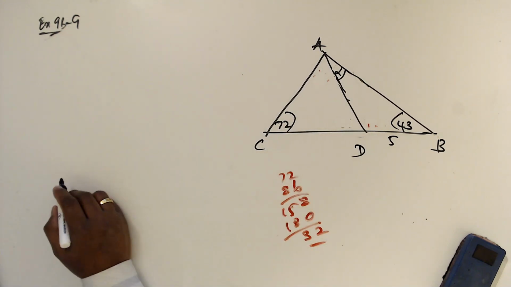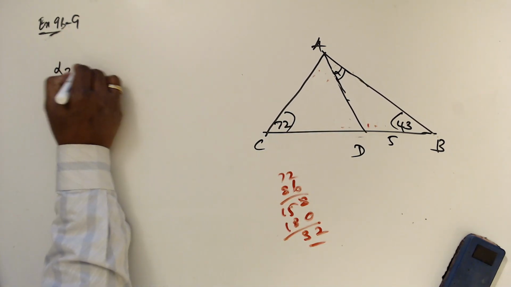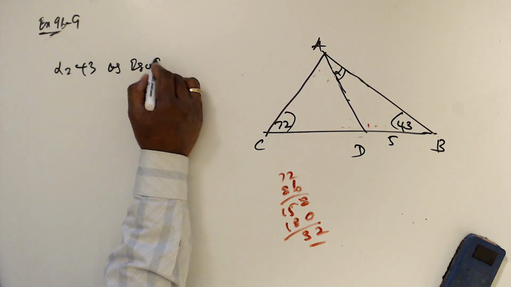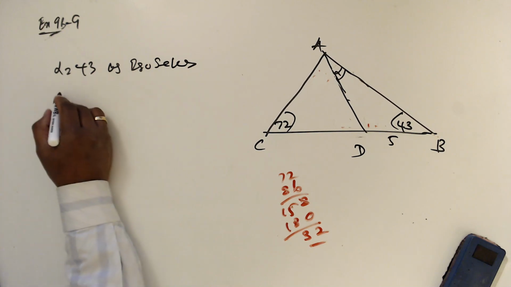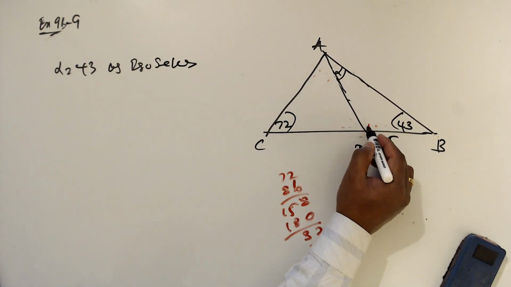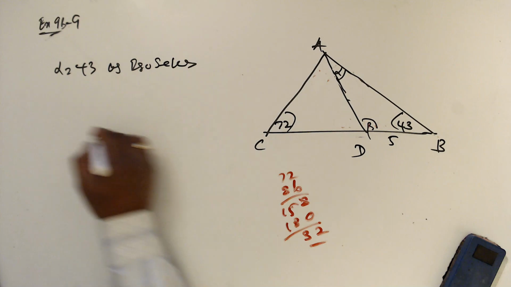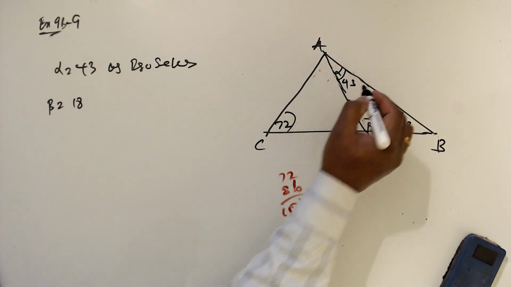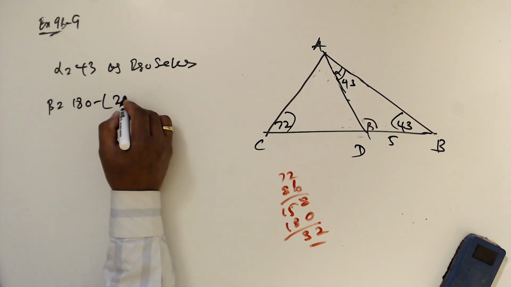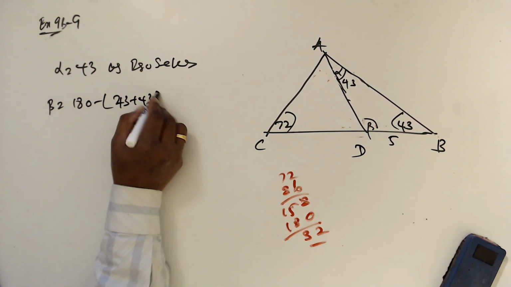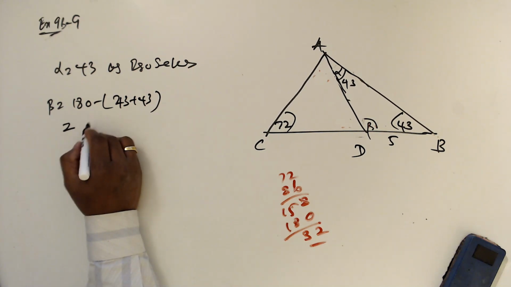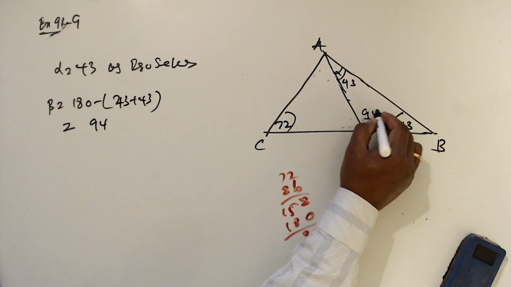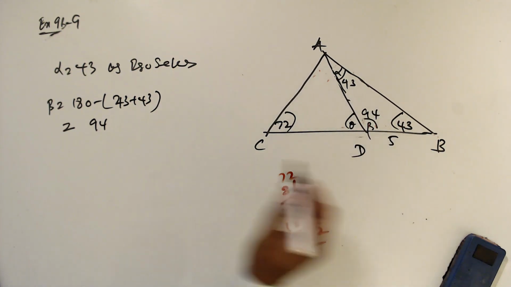This angle is alpha. So alpha is 43 as isosceles. Now this is beta. Beta equals 180 minus 43 plus 43, which is 94. So this is 94 now. Now this is theta.